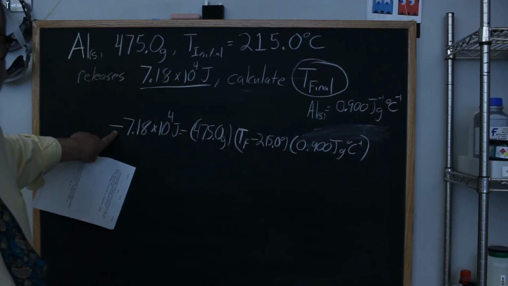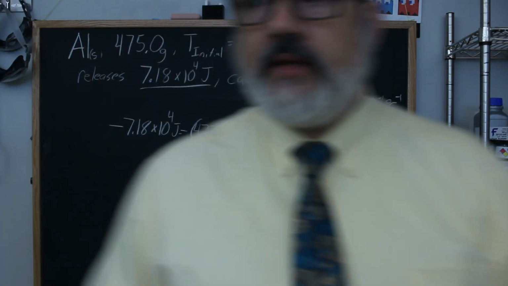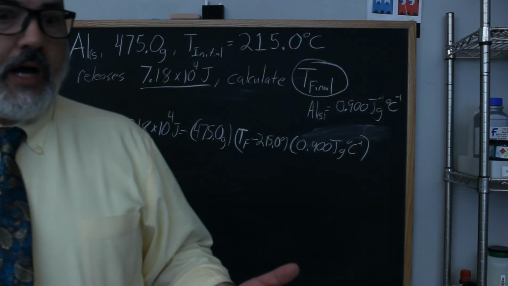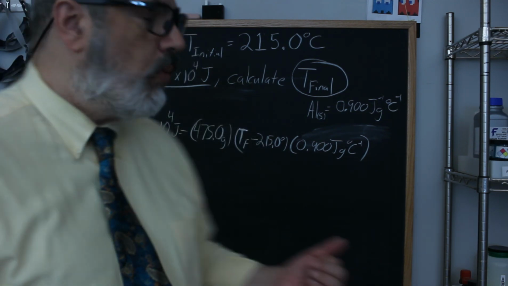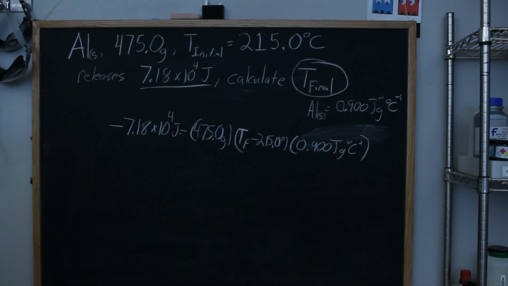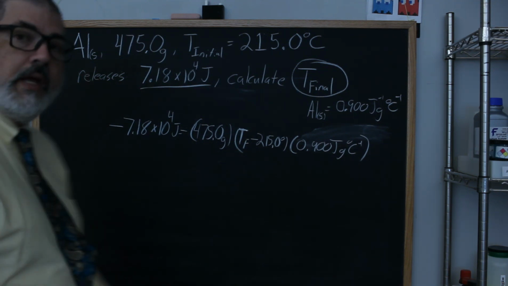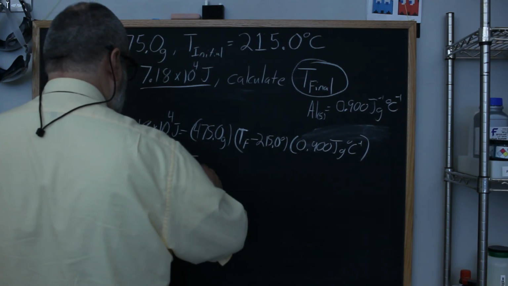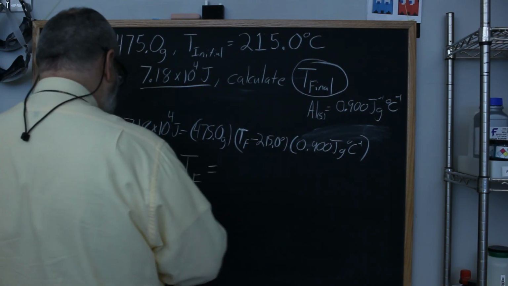But if you forget that negative sign, when you rearrange and solve this problem, you're going to get the wrong answer. What you'll actually observe is that the temperature is going up. So I'm not going to do the painful algebra.